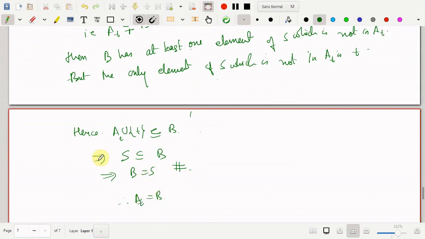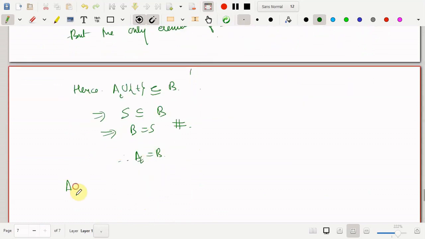This is true in fact for each T, and therefore one can say that A_T for each T in S is maximal.